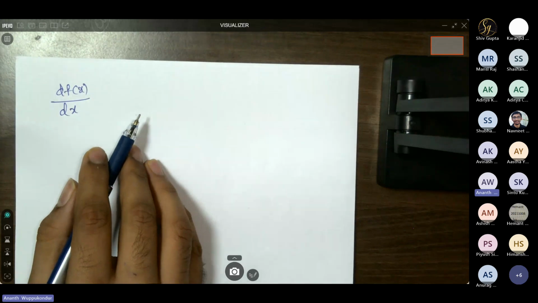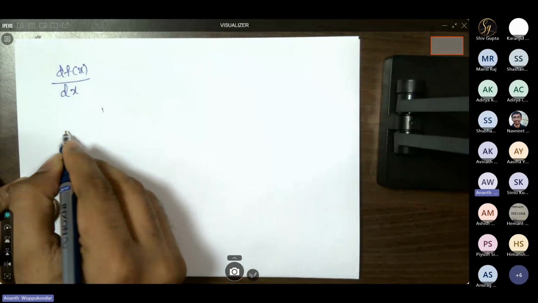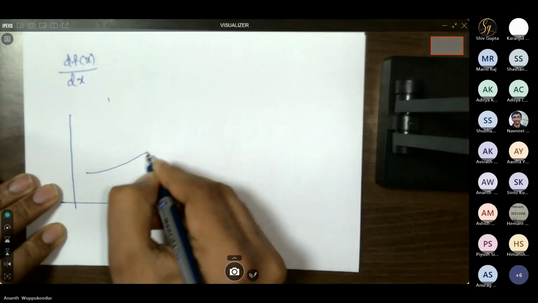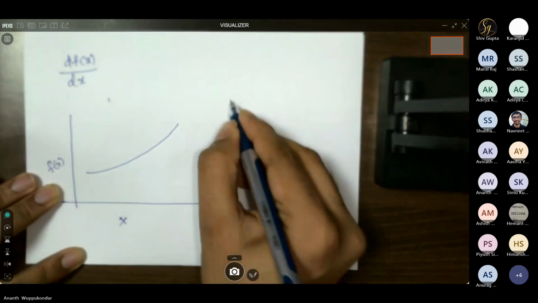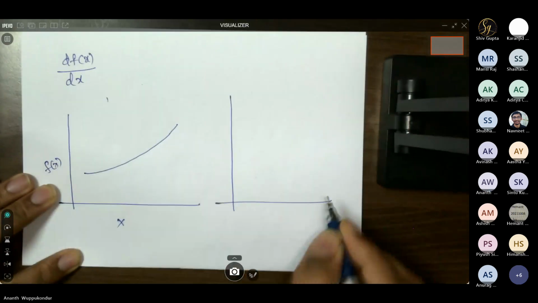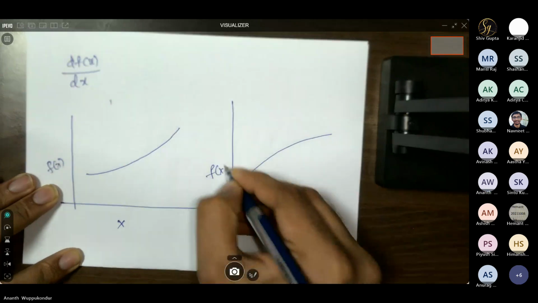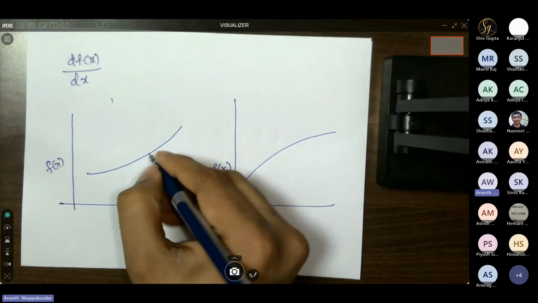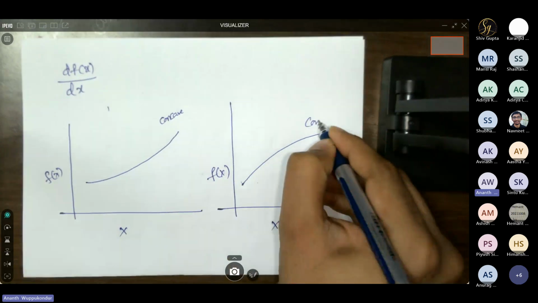Now, there could be two types of functions. There could be a function which is like a convex function, and there could be a function which is concave.